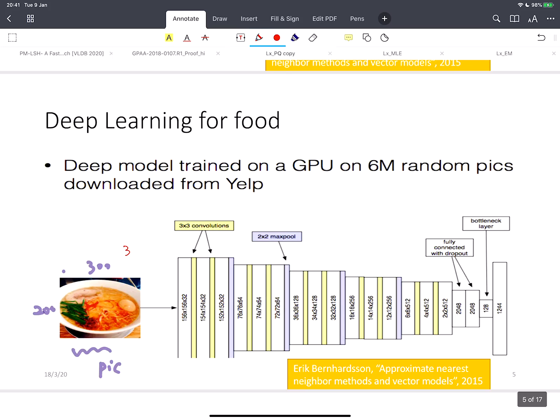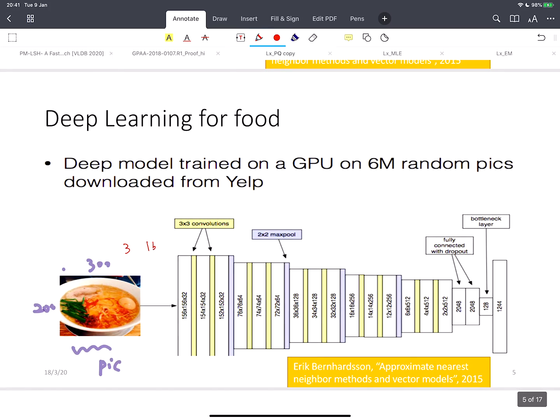Each channel is 1 byte. So you do the multiplication, 200 times 300 times 3. First of all, this is how large each picture is. And in terms of dimensionality, the dimensionality is this amount. So you can see that this is pretty large, 10 to the power 5.